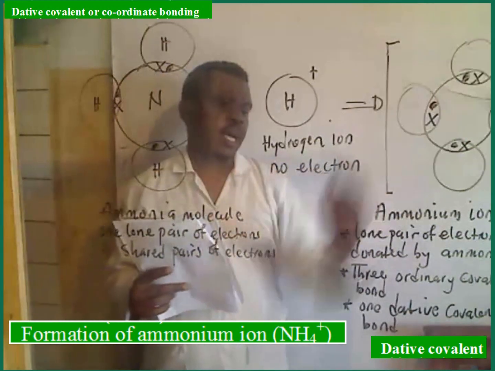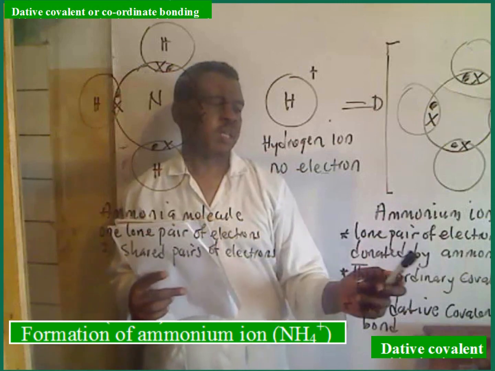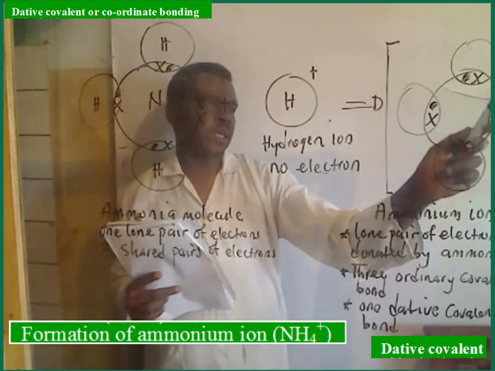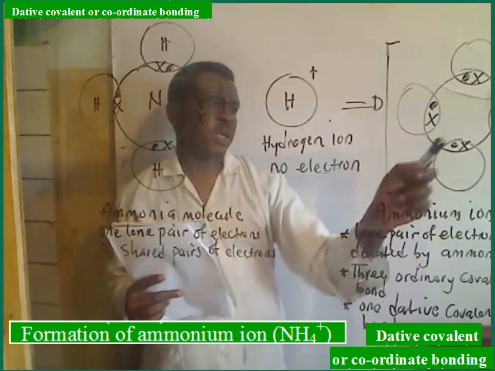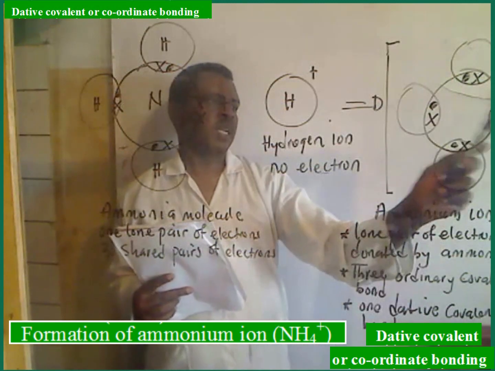The ammonium ion has 1 lone pair of electrons donated by ammonia. This is a lone pair of electrons. 3 ordinary covalent bonds and 1 dative covalent bond.